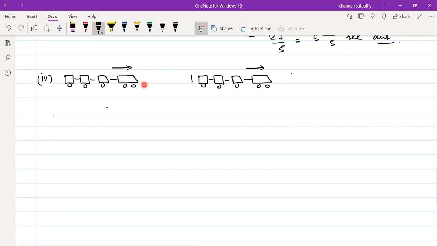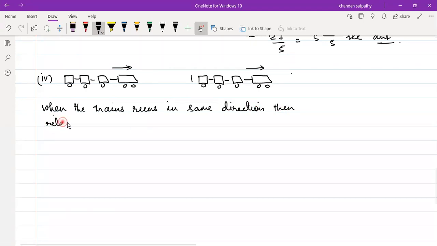So that means we have to remember that when the trains run in the same direction, then relative speed will be equal to the difference of the speeds of the trains.